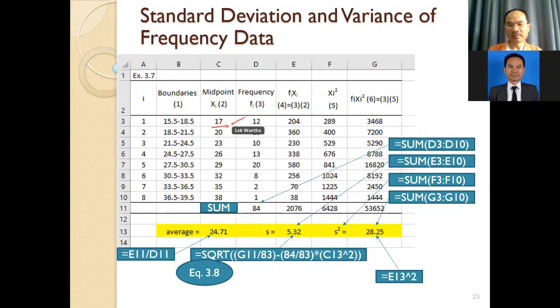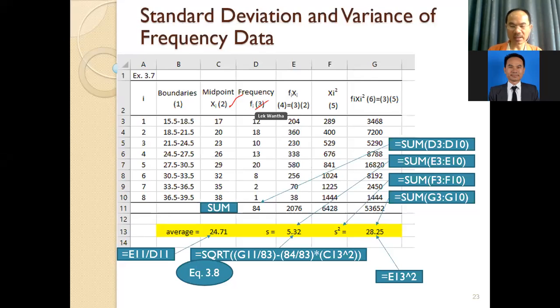You get 17, which is the midpoint for each group, and this is the frequency for each group. Please remember that when you talk about group data, you have to order from the minimum to maximum first before calculating. That is easy for you.